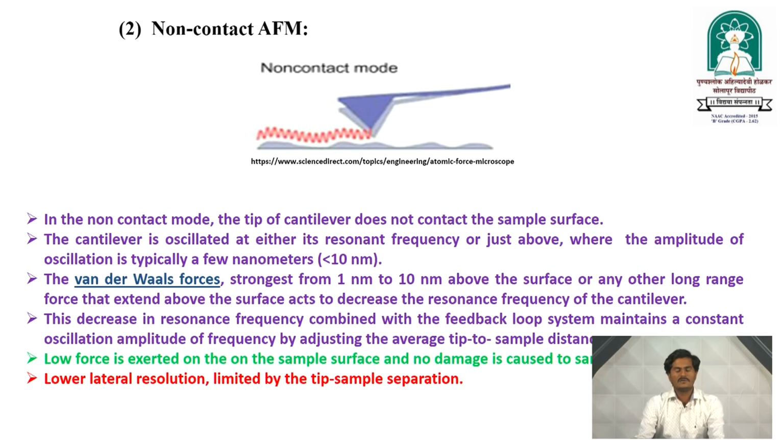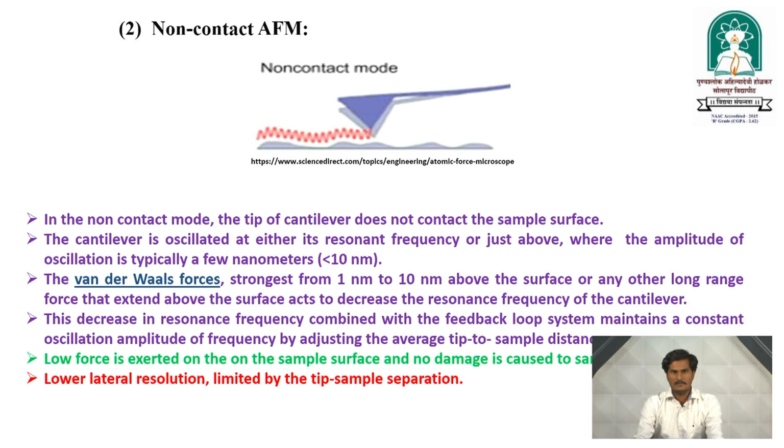decrease the resonance frequency of the cantilever. This decrease in resonance frequency, combined with the feedback loop system that maintains a constant oscillation amplitude or frequency by adjusting the average tip to sample distance, means a low force is exerted on the sample surface, so no damage happens to the sample.